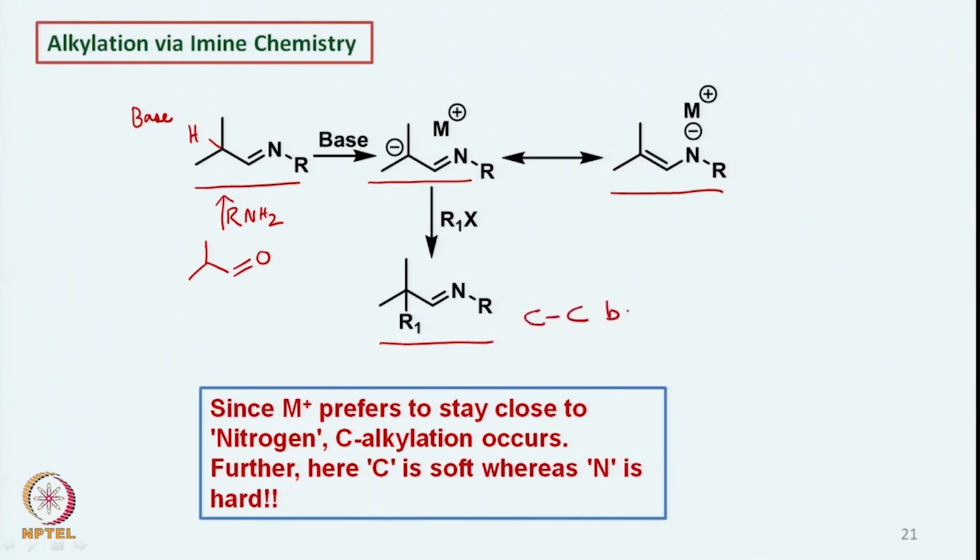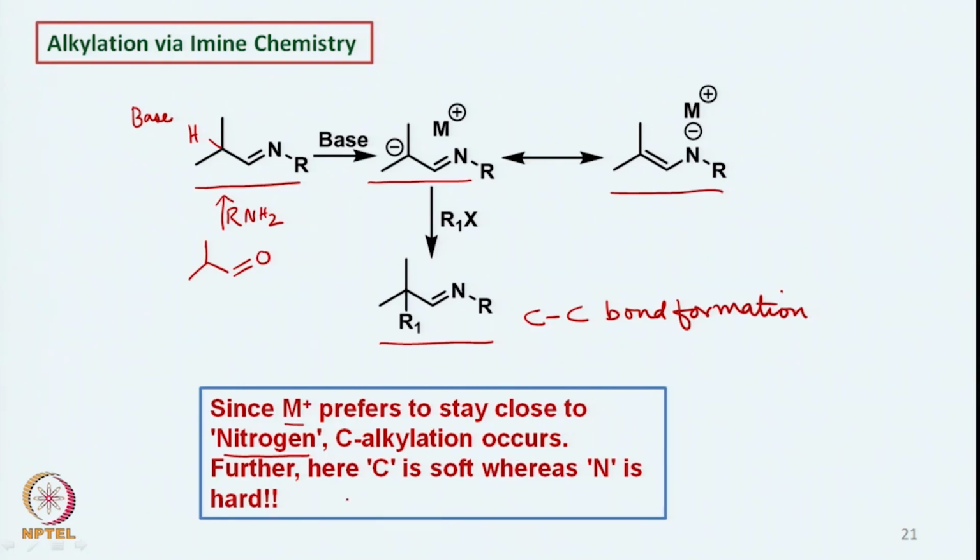And now what happens is that there is a preference for the M plus to stay close to nitrogen, because nitrogen is more electronegative, and then the C alkylation occurs.